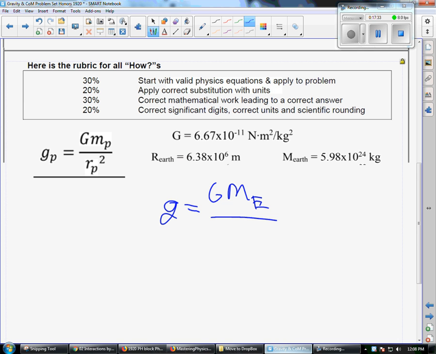So if I was to draw it, here's the Earth, here I am, this is the radius of the Earth, this is my altitude, we use the variable ALT. Good with that? So that's what R is. So here I have radius of the Earth plus ALT, quantity squared.